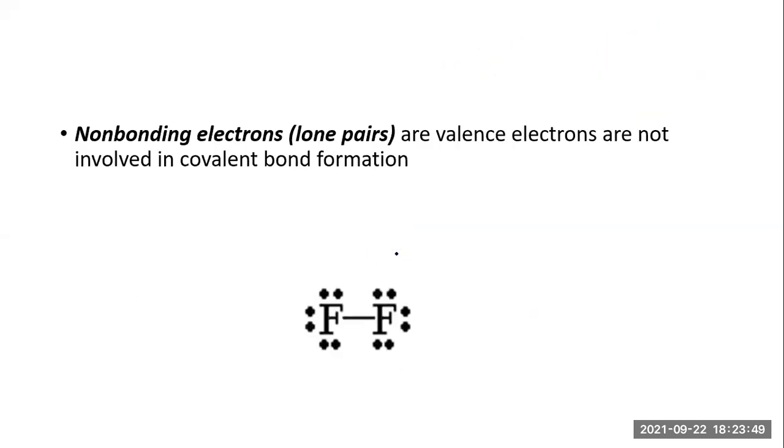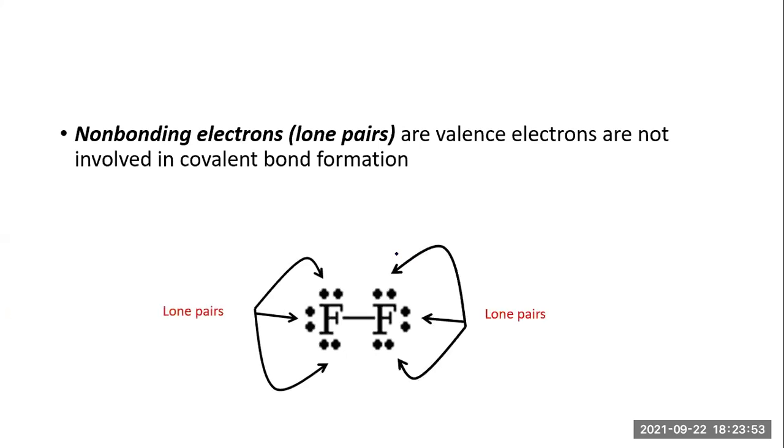Now, when we look at this sort of Lewis structure here, there are some different types of electrons that we sometimes talk about, and it's going to be important a little bit later on when we talk about geometry and so forth. All of the electrons on the outside here, represented with dots in this particular case, are not involved in any type of bonding.